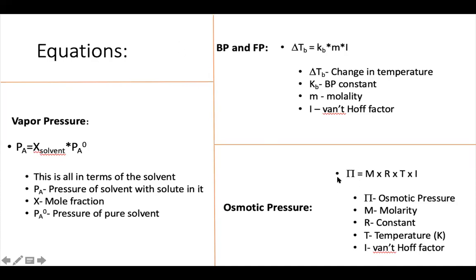Osmotic pressure is a pressure, so it's going to be measured in atmospheres. So we want to look at the R constant that has ATM in it. Later on, when we get to the Arrhenius equation, we're dividing activation energy by R. Realize activation energy is going to be measured in kilojoules or joules, because that means energy.